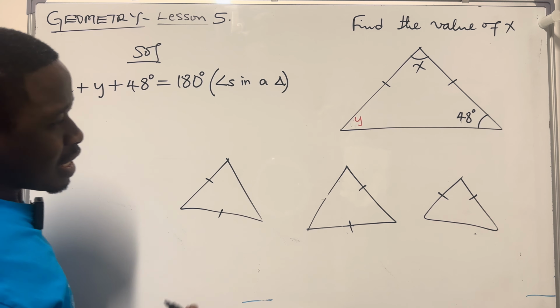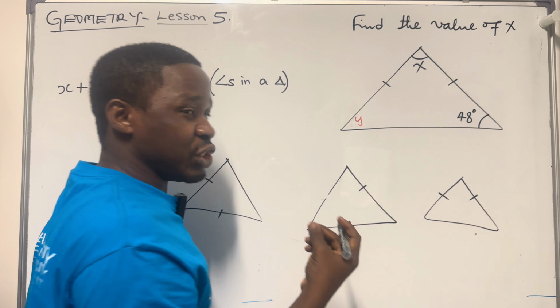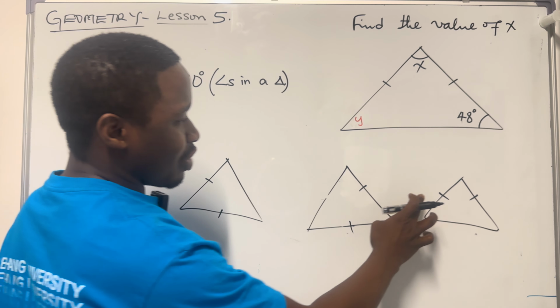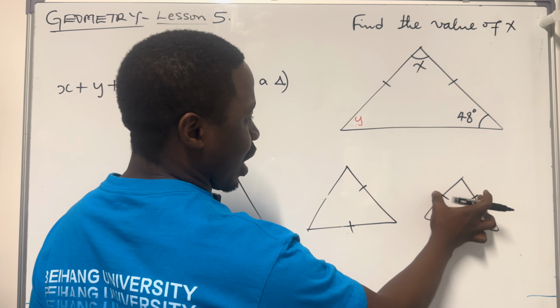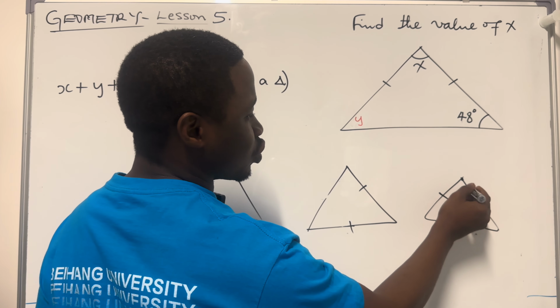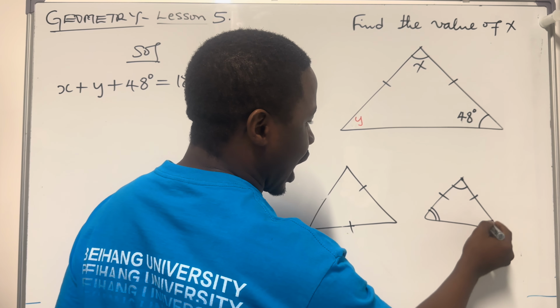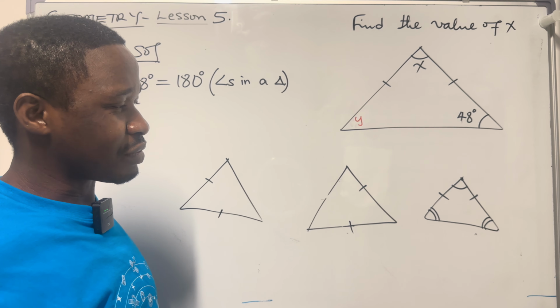Now these two, when you see this indication in geometry, in lines, it tells us that they are equal. These two sides are equal. These two sides that are equal, they meet at this point to form this angle. The remaining two angles are what we call the base angles of isosceles triangle.